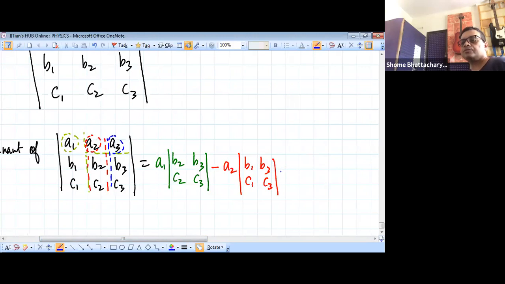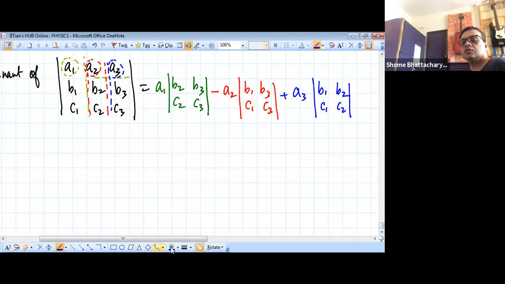So it comes plus A3 into B1, B2, C1, C2. And next you just solve these as 2 by 2 matrices. So the final solution becomes A1 into this one's determinant. So that is this diagonal minus this diagonal.